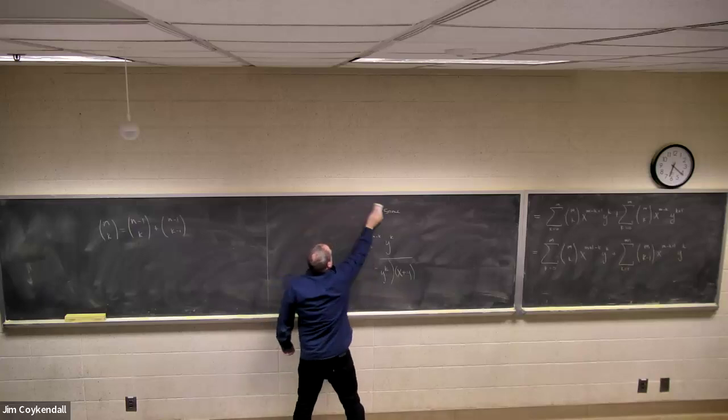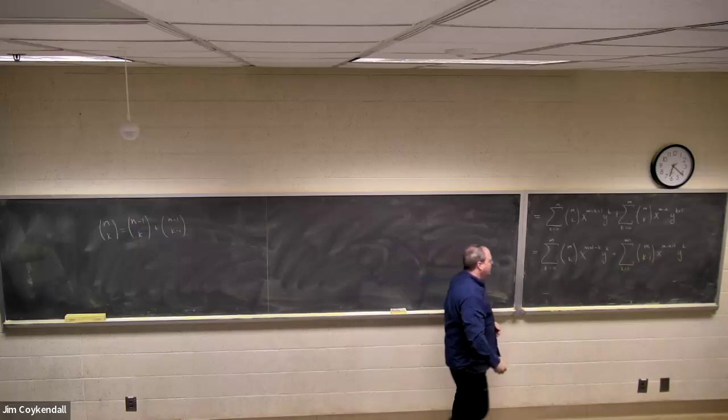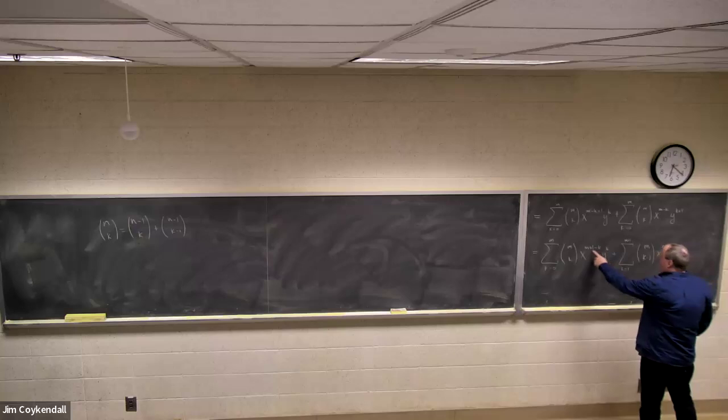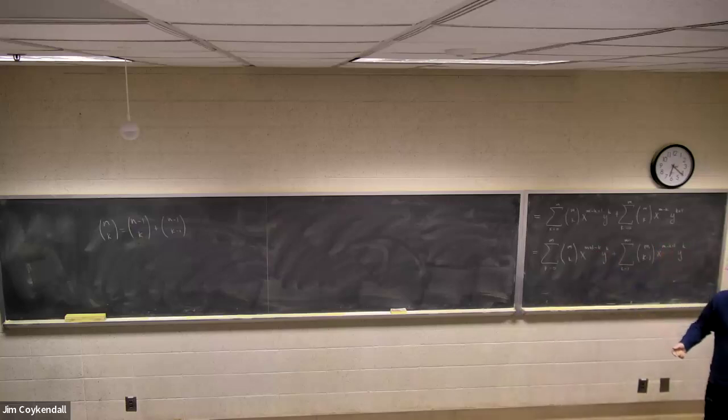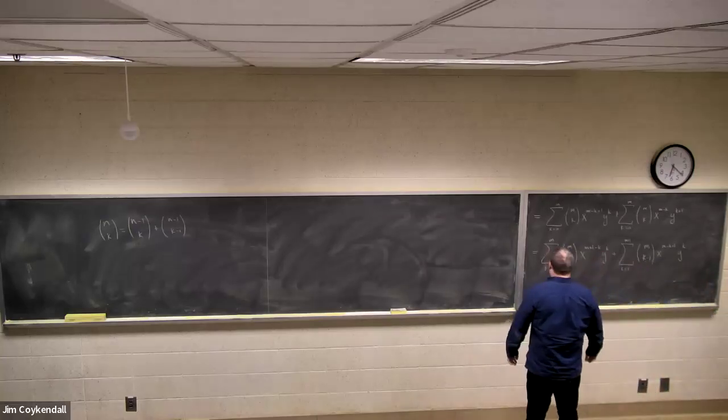I'd just like to slam this together all in one big nice sum, but what's the problem now? See, I've actually fixed some things, right? What have I fixed? Notice the powers of x and the powers of y match, right? But what's the problem with the different sum limits? I've got different limits on this, right? Everybody agree with that? So, you know what? I'm going to fix that.